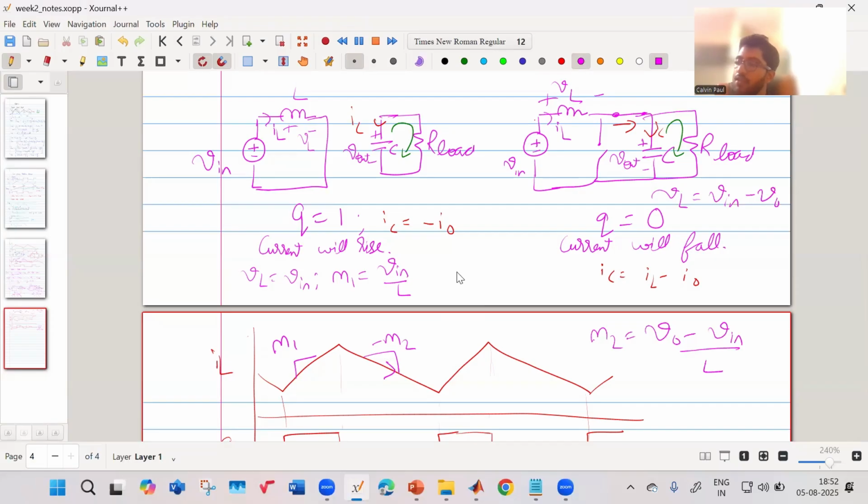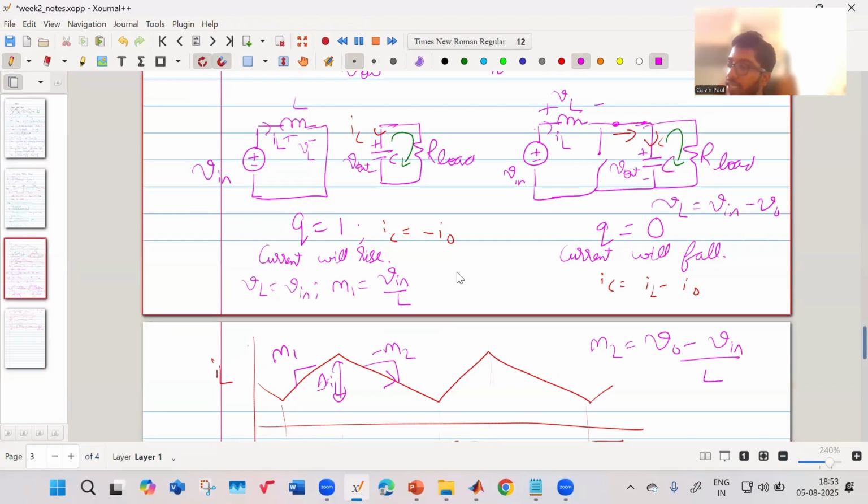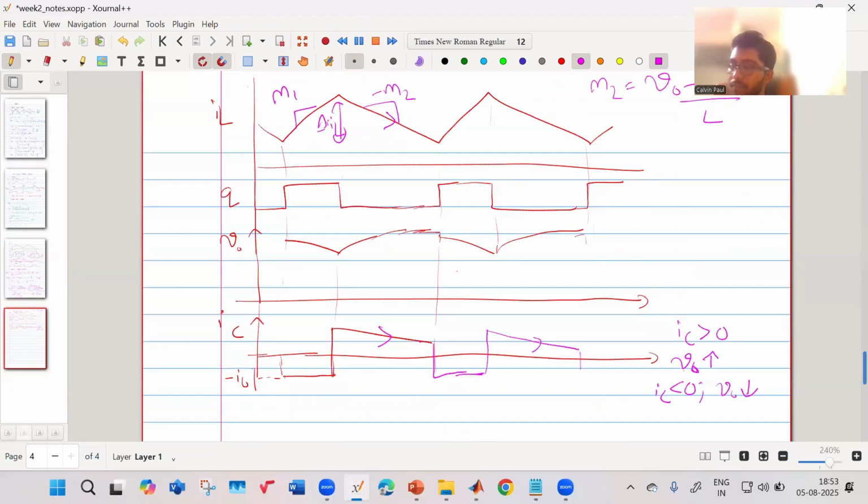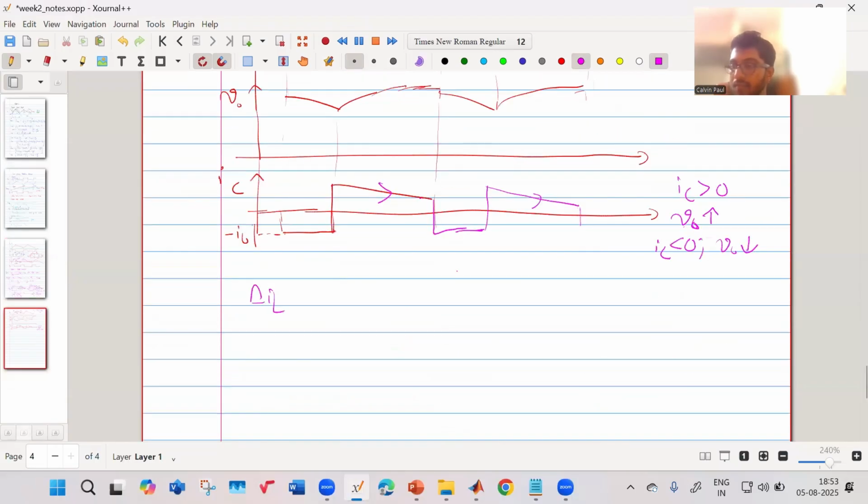Okay. So what we know is this is my current ripple. My current ripple is given by V in upon L into dt. V in upon L is what? M1 into my T on. This is actually M1 into T on.